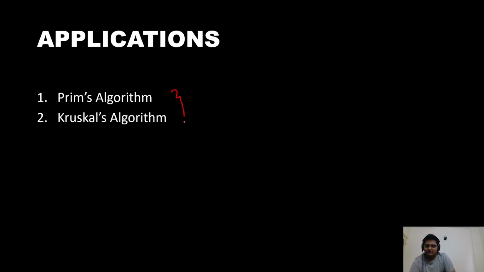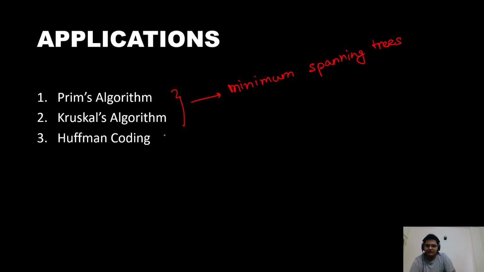Moving on, let us discuss certain applications of a greedy method. We have Prim's and Kruskal's algorithms, which basically are used to find minimum spanning trees. Then we have Huffman coding.